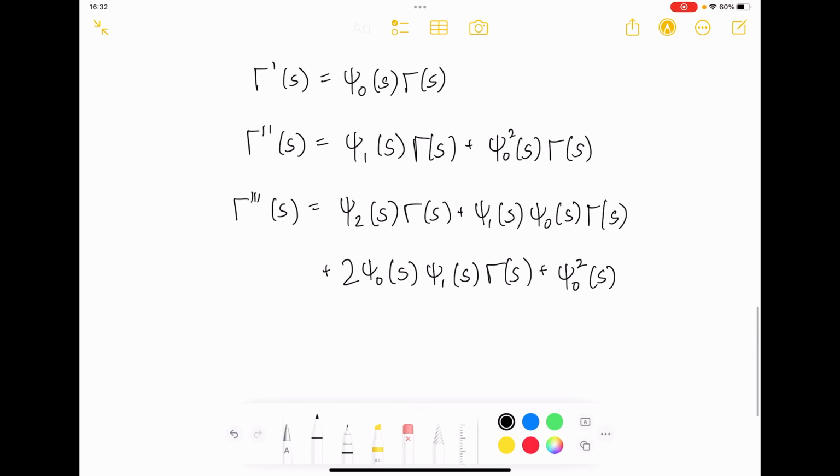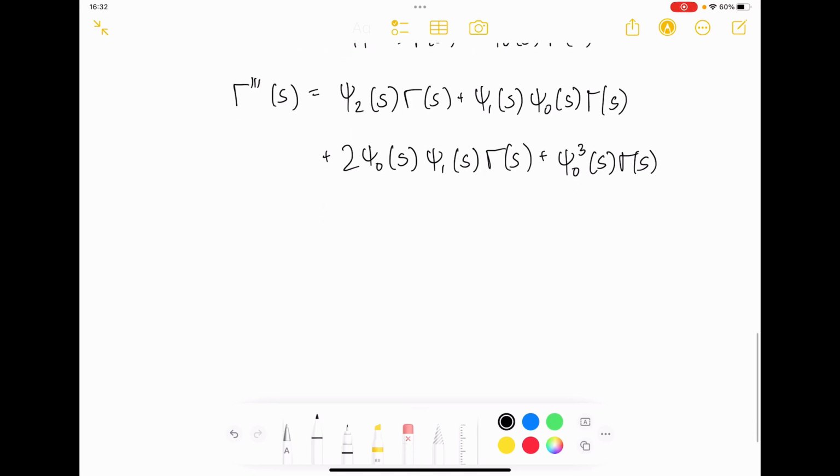But gamma prime is psi naught times gamma, so that gives psi naught cubed times gamma. That's our little formula we're going to use. And if we notice that this term is equal to this term, we can combine them and turn that coefficient into a 3, which will make life slightly better.